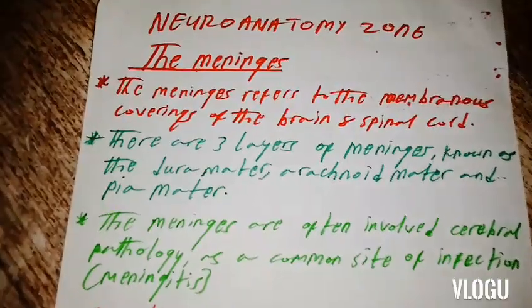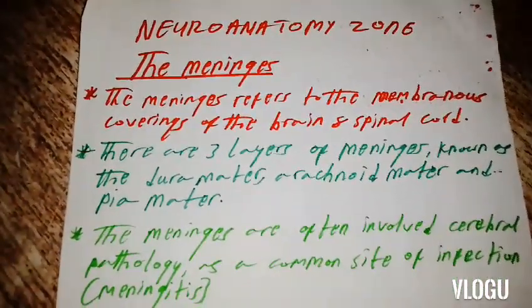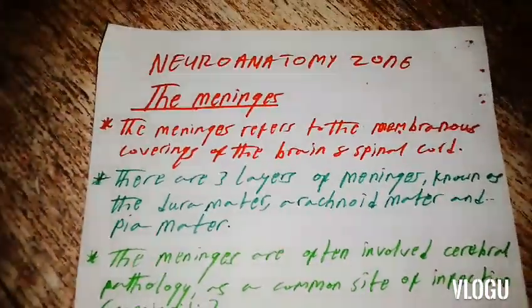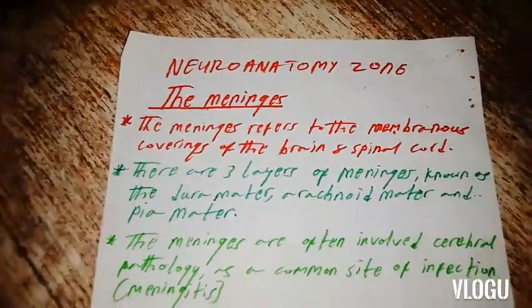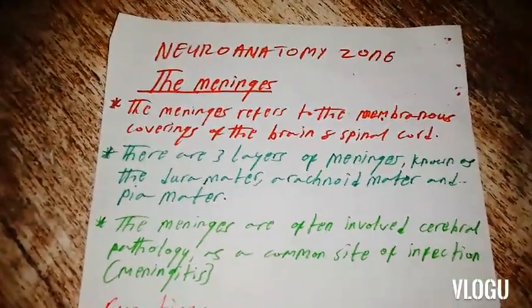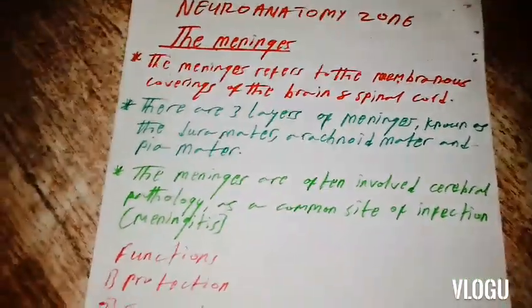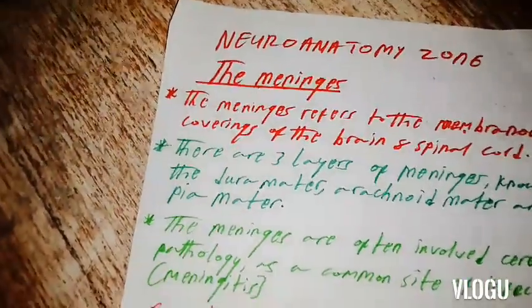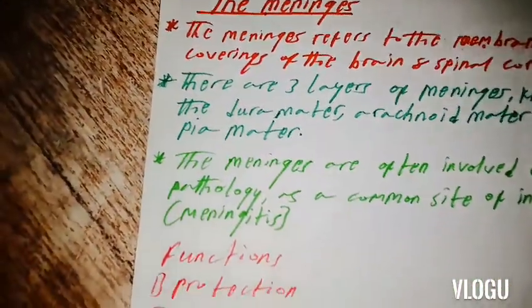The meninges are often involved in cerebral pathology. They are a common site of infection known as meningitis, and of intracranial bleeding. The meninges have two major functions.